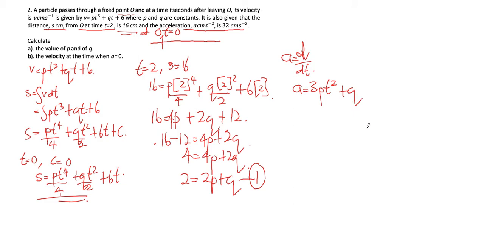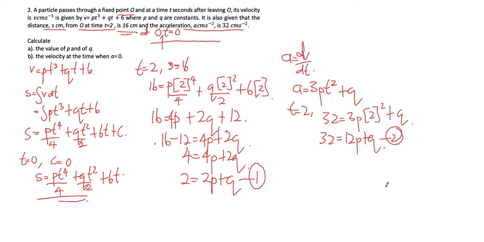Now substitute t equals 2. So 32 equals 3p times 2 squared plus q. That's 4 times 3, which is 12, so 32 equals 12p plus q. That's our second equation because I can't simplify anymore.